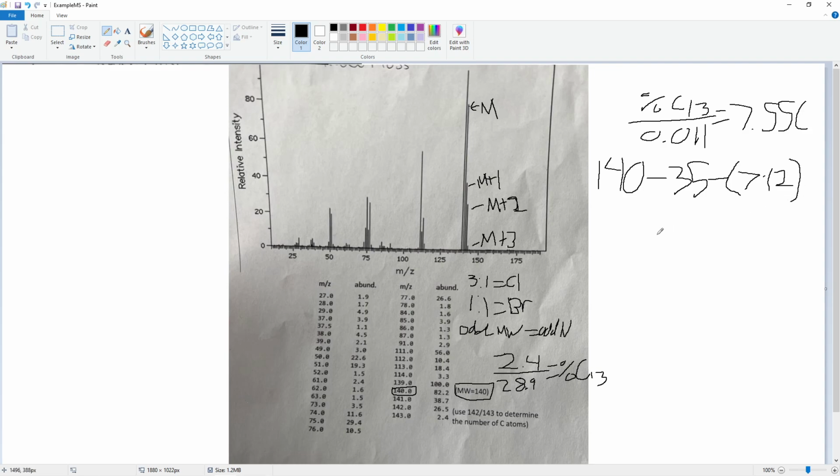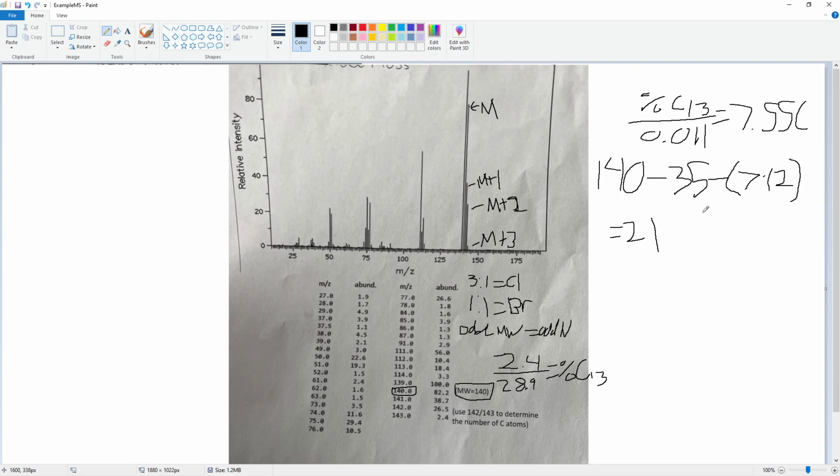So 140 minus 35 minus 84 gives us 21, which means we have 21 mass units left over.